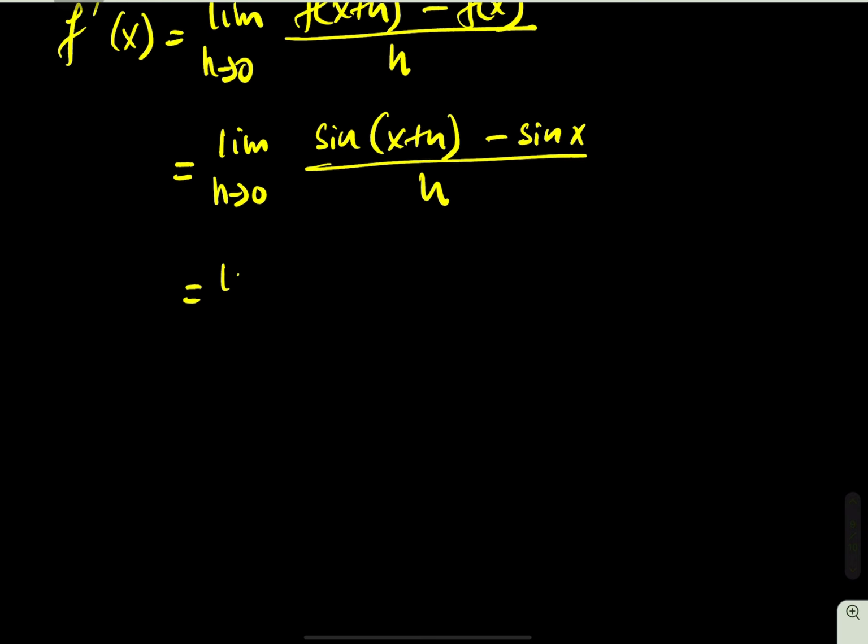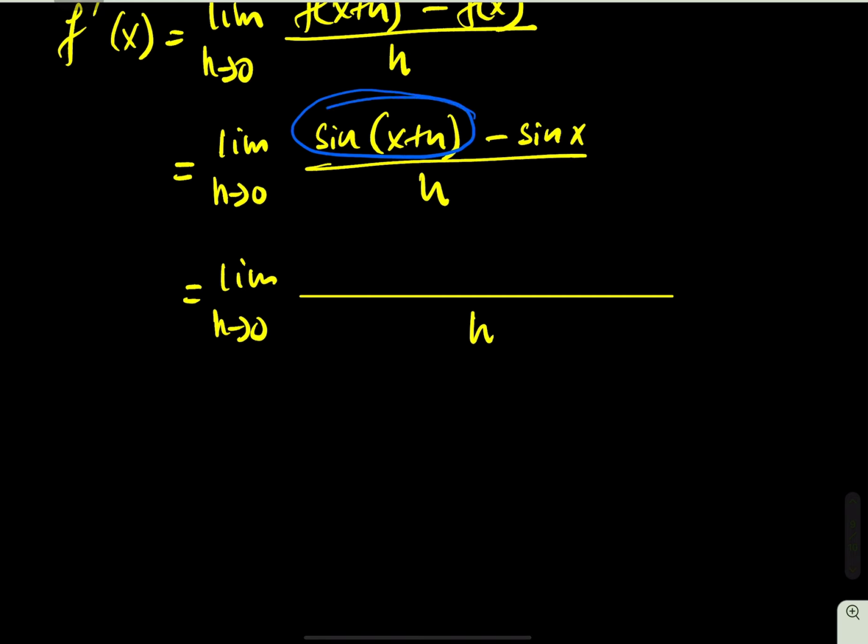And you will see that this gives the limit as h tends to 0, everything divided by h. But think about it, what is this one? That is the compound angle identity from grade 12, and that becomes sine x cos h plus cos x sine h, and then minus sine x.